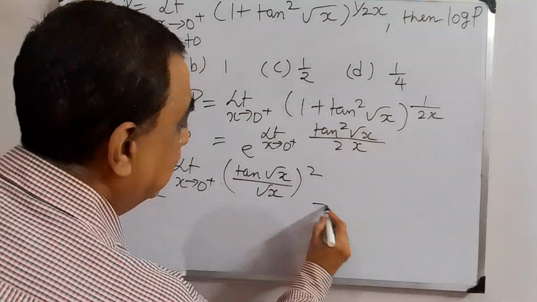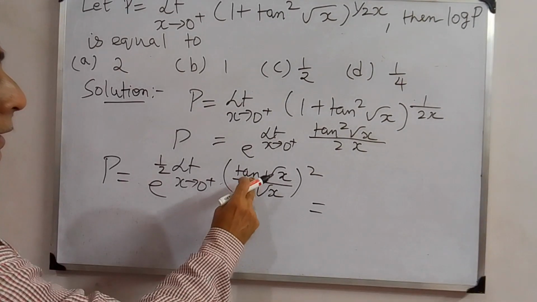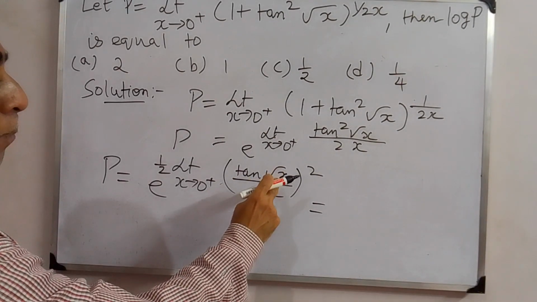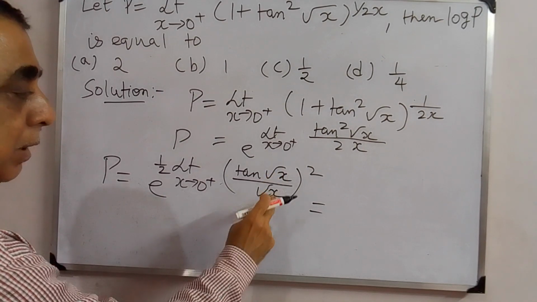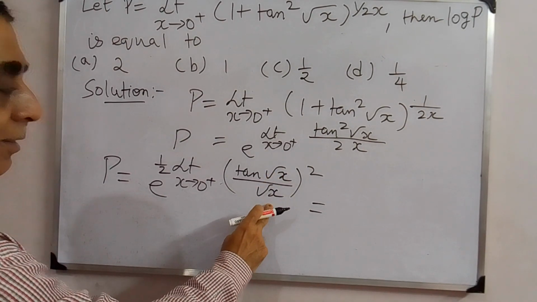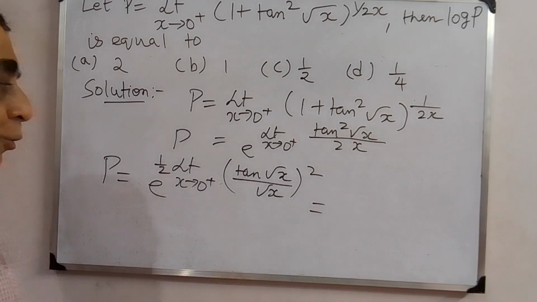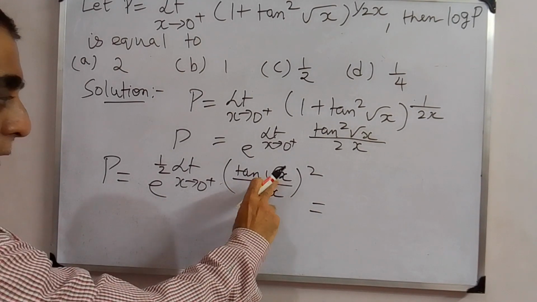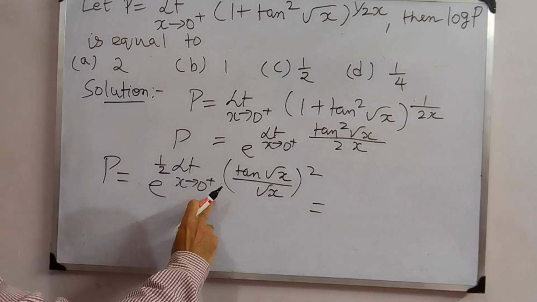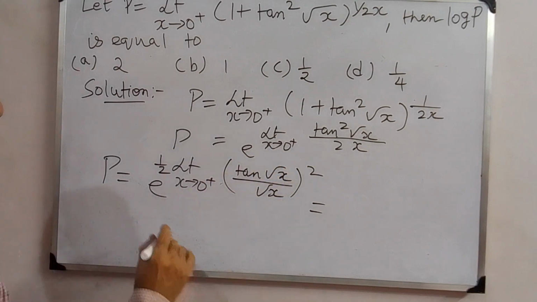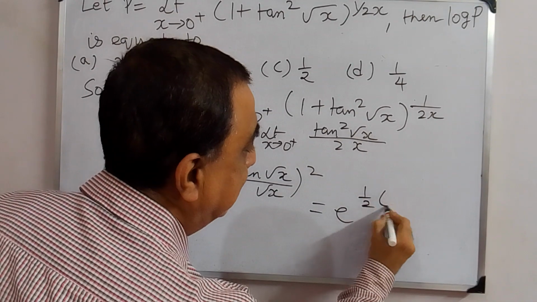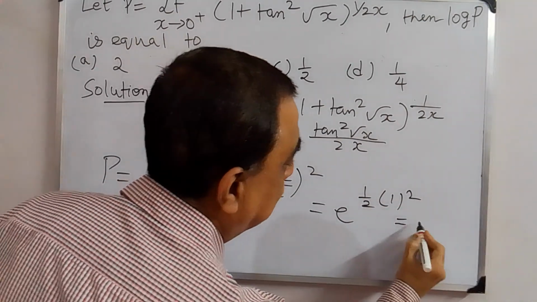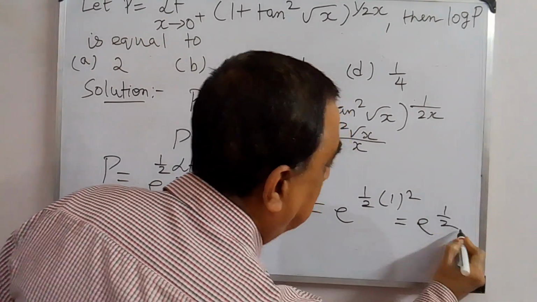We know that the tan of any number which tends to 0, divided by the same number, has value 1. The tan root x by root x, when x tends to 0 plus, its value will be 1. So this will become e to the power half into 1 squared, that is e to the power half.